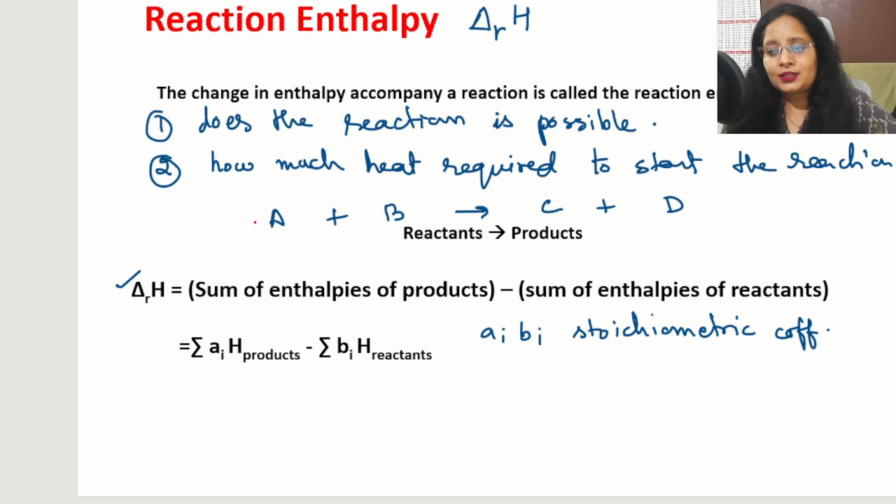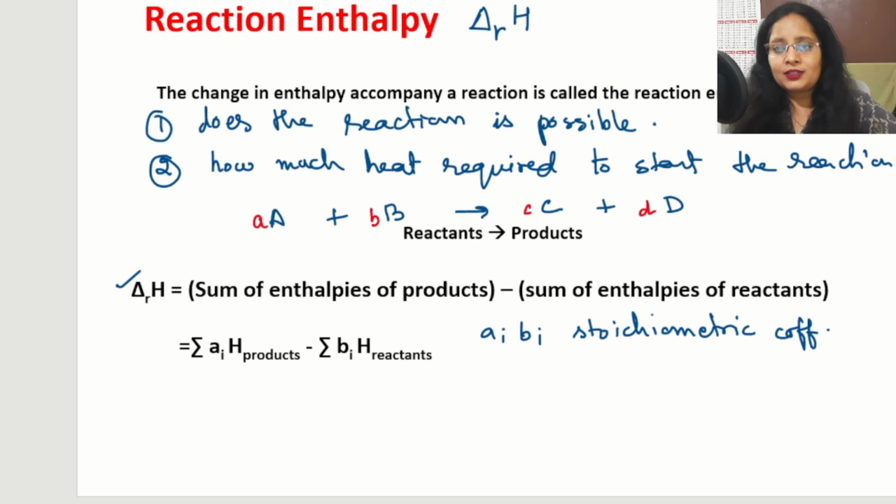Suppose in this given reaction, small a is the amount of reactant A, small b is the amount of reactant B, small c is the amount of product C, and small d is the amount of product D. So a, b, c and d are all called stoichiometric coefficients.